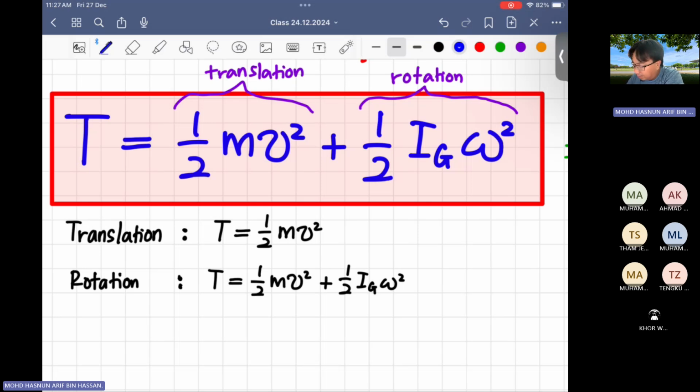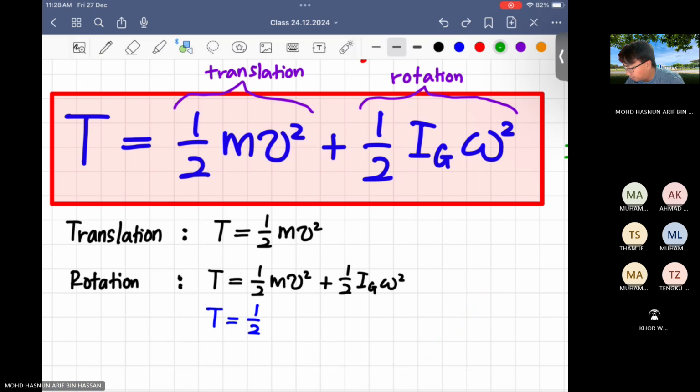That is, T can also be calculated about the point of rotation. For example, let's draw a rod like this.